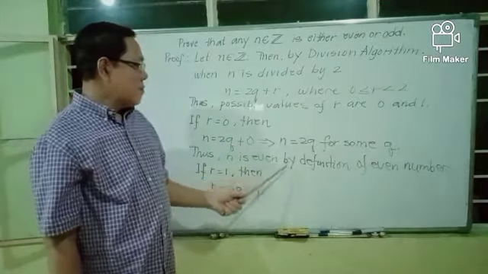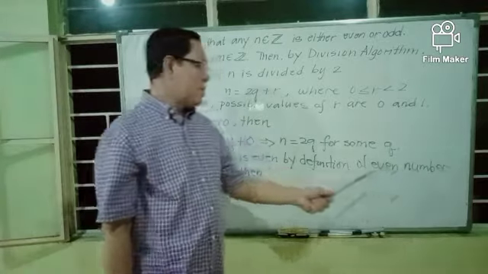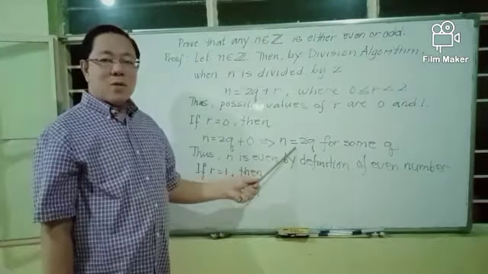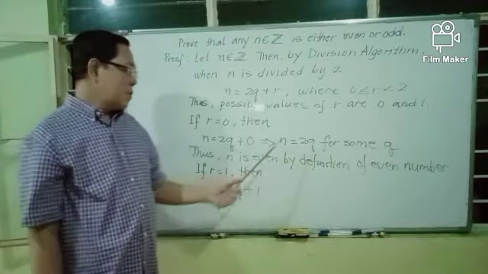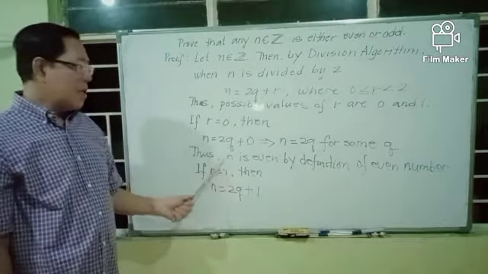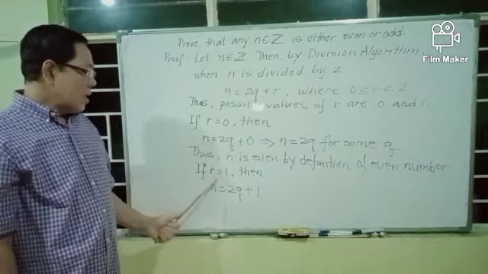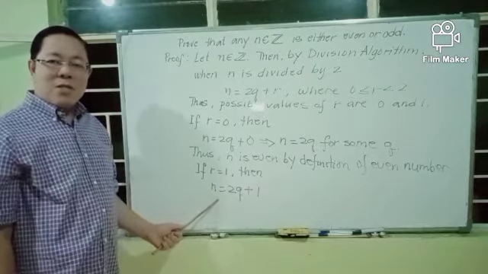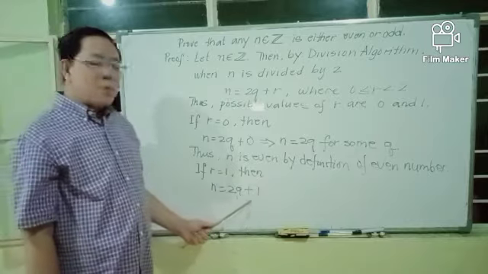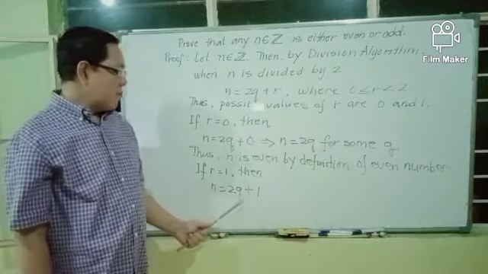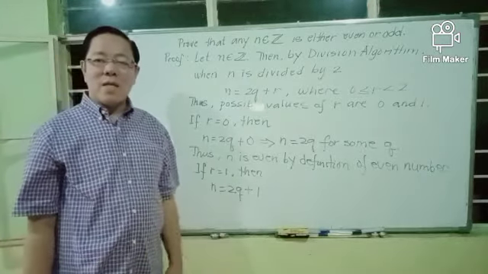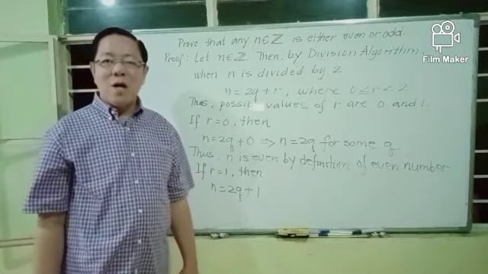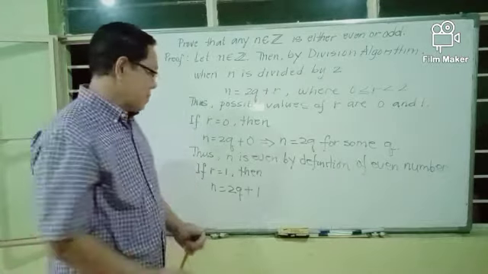And by definition of even number, because N is equal to 2 times the integer Q, we conclude that N is even if R is 0. And if R is 1, the integer N can be written as 2Q plus 1. And from this equation, we conclude that N is an odd number by definition of odd number.